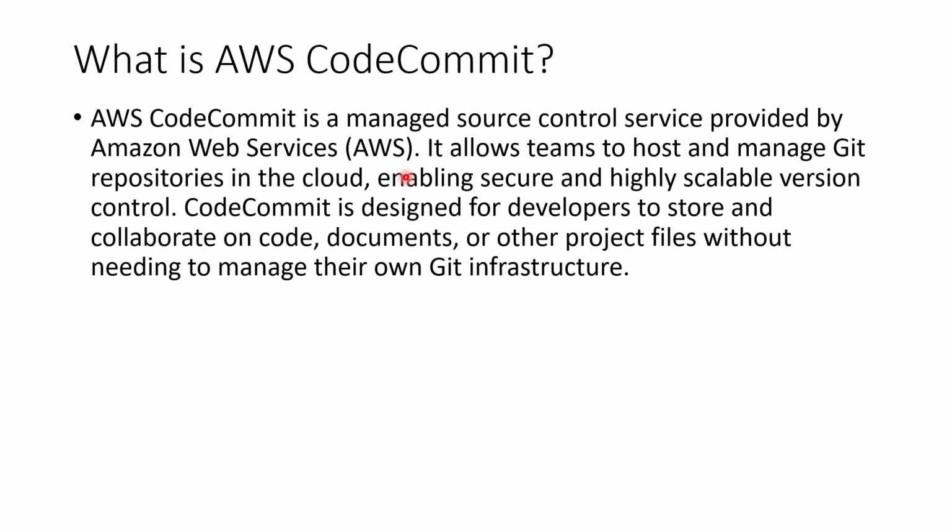So instead of GitHub, if your organization has completely adopted AWS, from infrastructure till deployment and maintenance, each and everything being managed and monitored by AWS, then we can go for CodeCommit. So instead of opting for GitHub, we can optimize the billing, right?